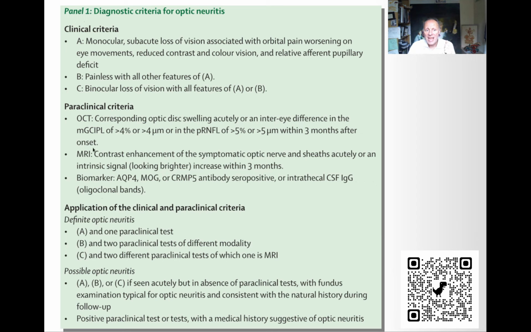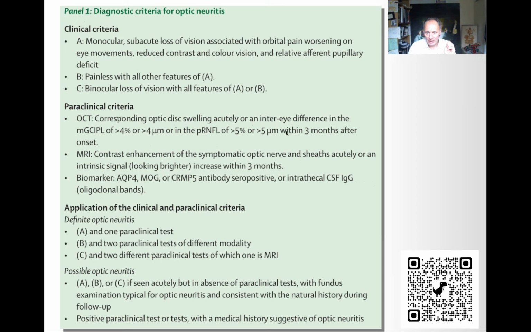For the two imaging criteria, it is important to make this difference between acute scenario or chronic scenario. In the acute scenario, the optic nerve is swollen, which shows on MRI as contrast enhancement at a swollen nerve, and if present on OCT as a swollen disc.